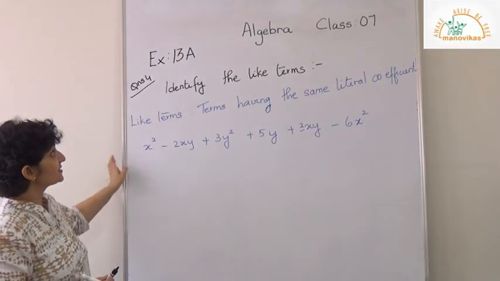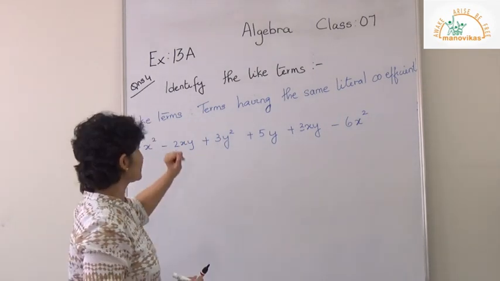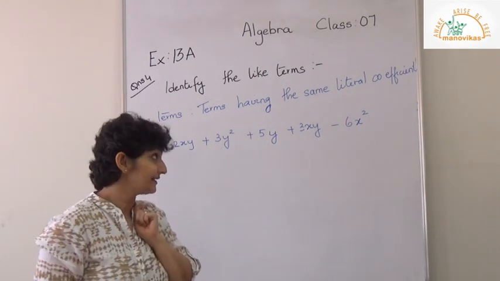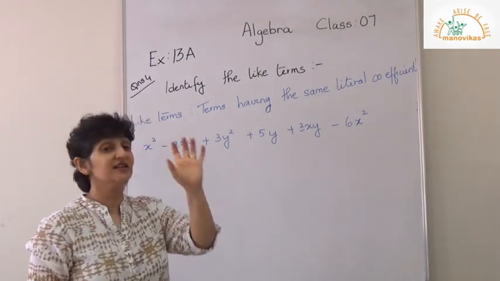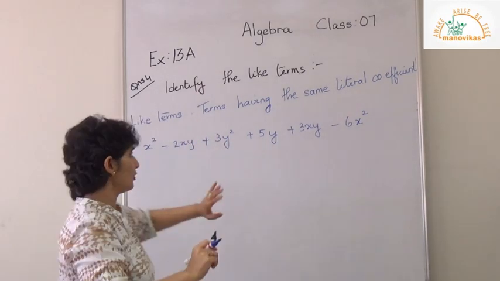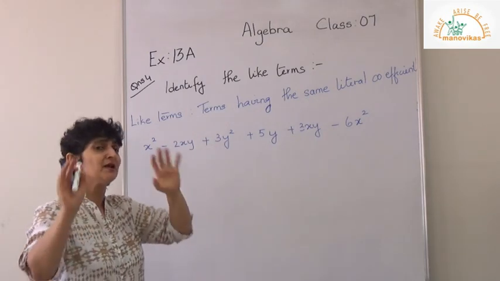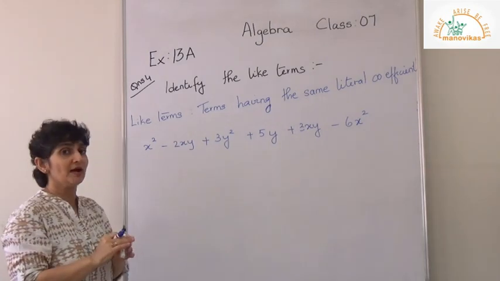Your next question is identify the like terms. We'll come back to that a little later. First, let's understand what are like terms. Terms having the same literal coefficient. What do I mean by that?